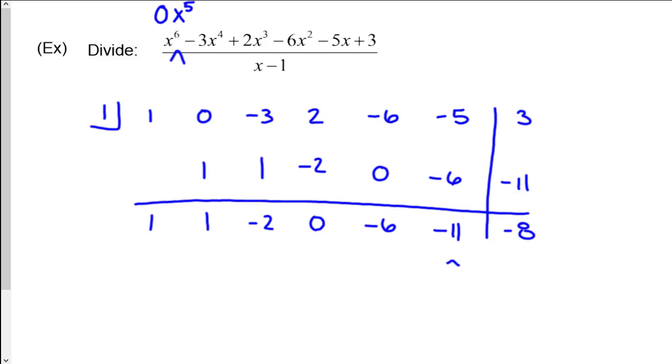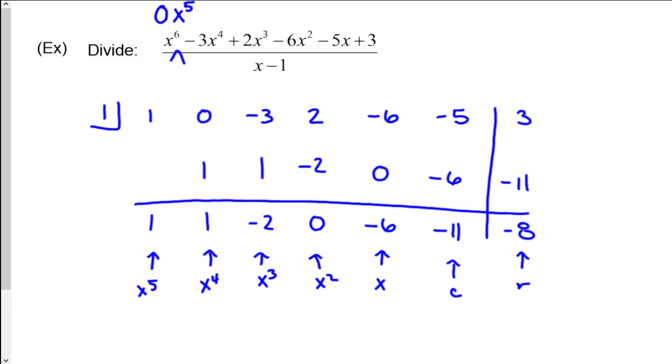So this is my remainder. This is my constant. This is times x squared, times x cubed, times x to the 4th, and times x to the 5th.